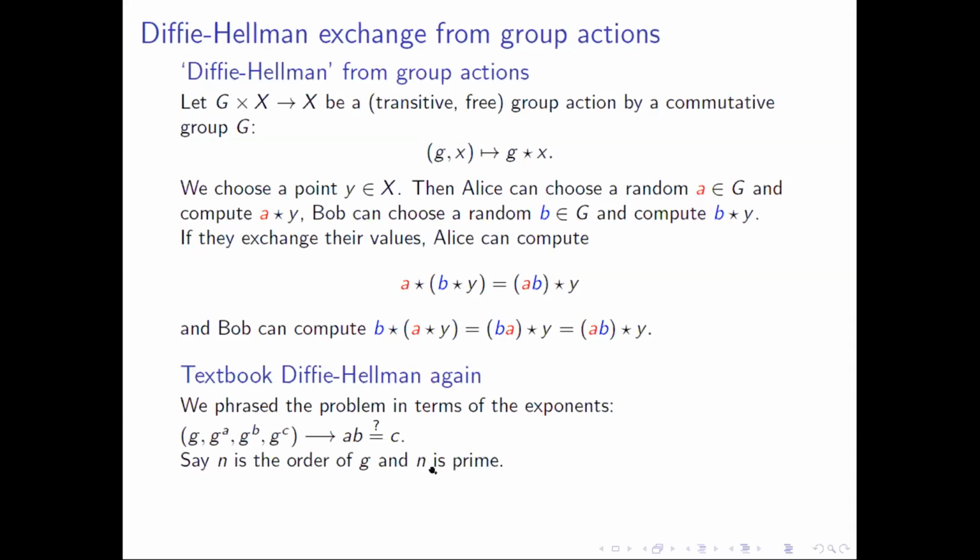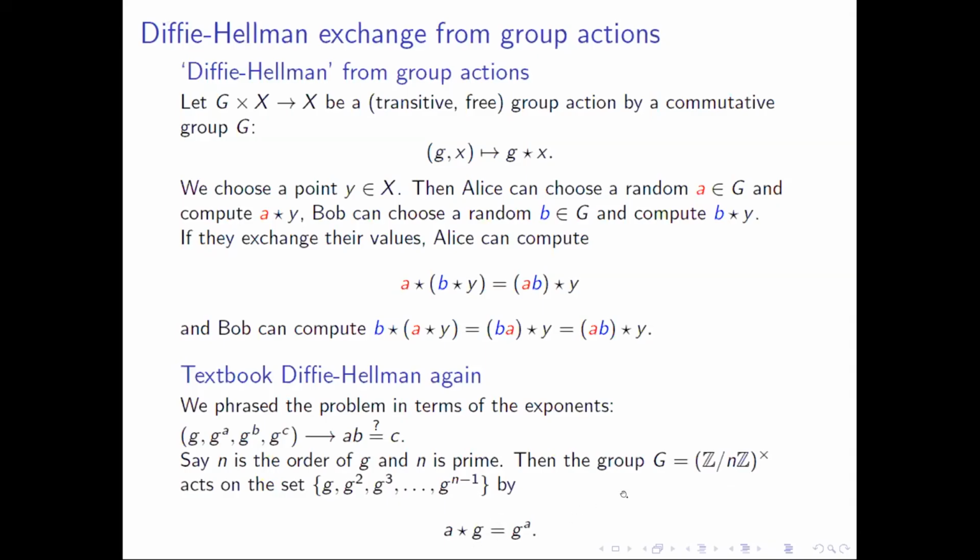If n is the order of G, and we can assume that n is prime, then it is actually the group Z mod n Z star acting on the set, which is just the powers of g. If we take a number, it acts on the element g by taking the corresponding power.